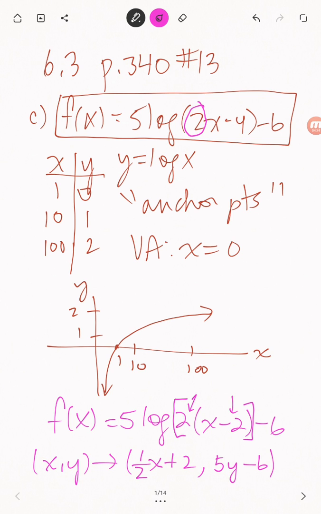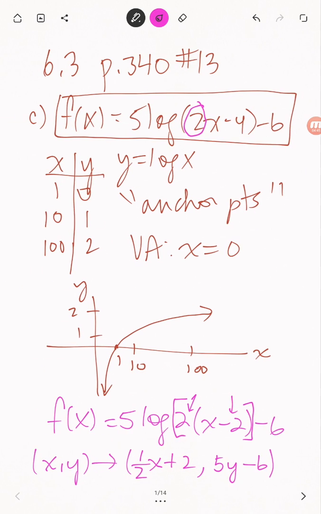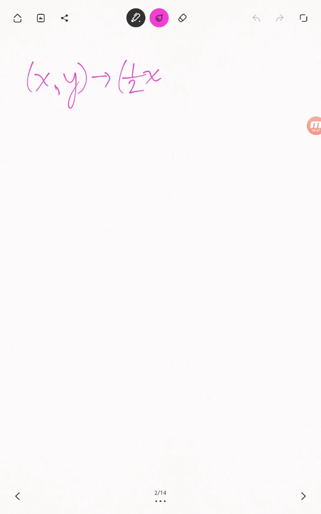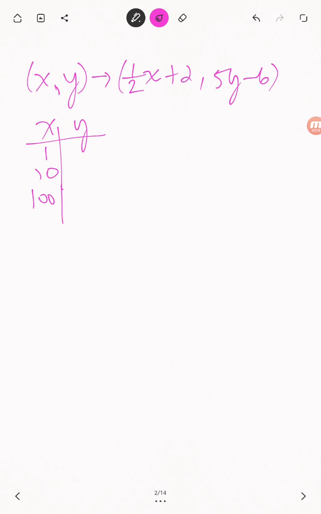Let me just move over to the next page and rewrite that mapping notation. So x, y is going to become 1/2 x plus 2, and 5y minus 6. Okay, so let's now take that and apply it to our general points for anchor points for y equals log x, which are these ones here.